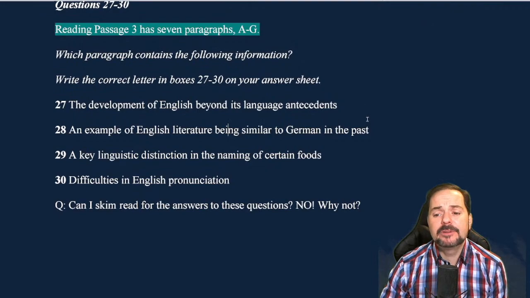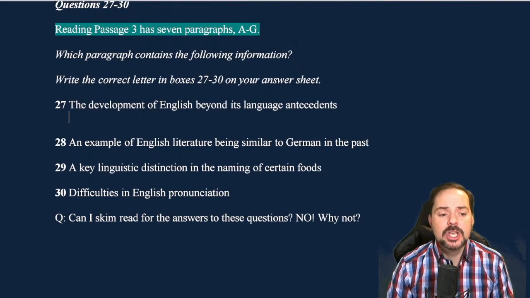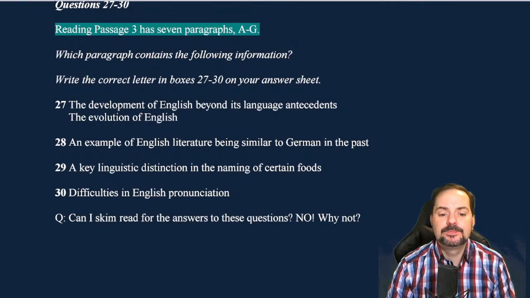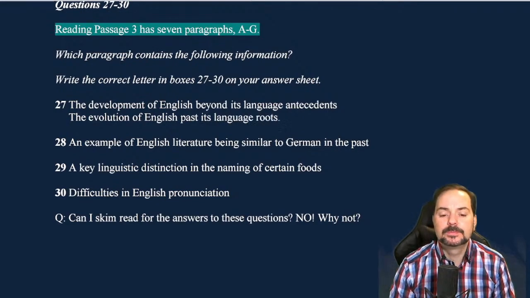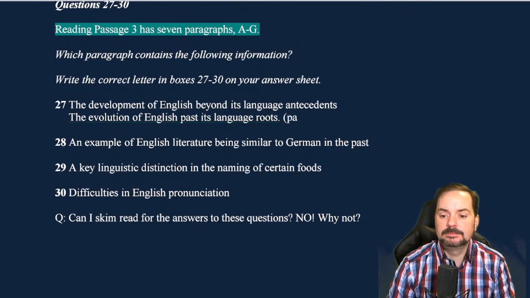The other is paraphrasing, right? So you might not actually see this kind of question in the passage. You might see something like the evolution of English past its language roots. Okay, so this is a paraphrase.